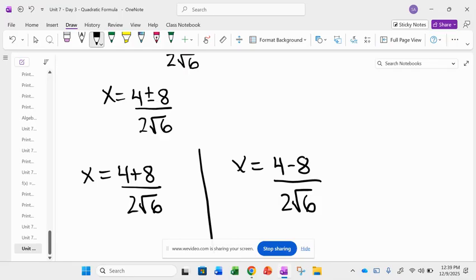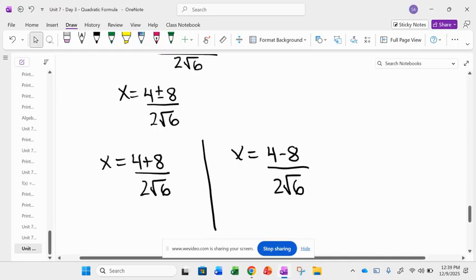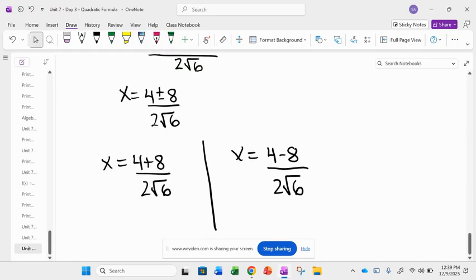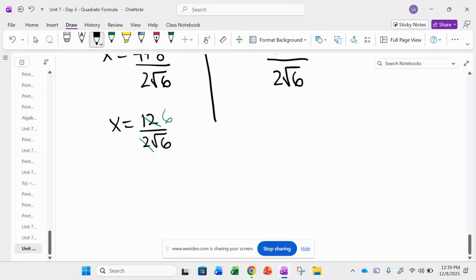And I'm going to sort of solve each of these separately. So we have x is equal to 12 over 2 √6. 2 goes into 12 6 times. So now I'm going to have x is equal to 6 over √6.